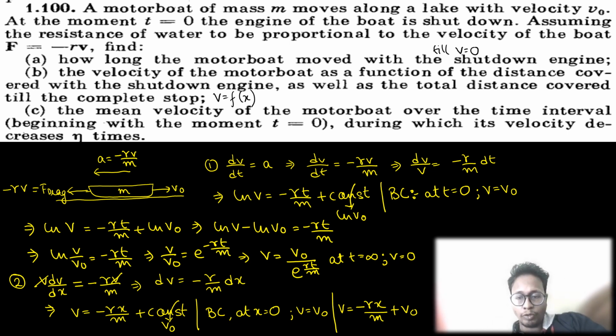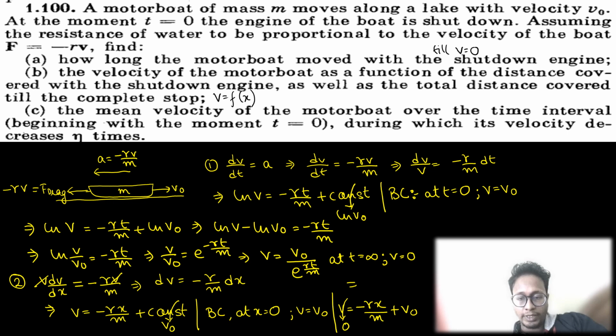So when does the boat stop? The boat stops when the velocity becomes 0. We found the velocity as a function of x, and I also have to find the total distance covered until the complete stop. That means when v equals 0.